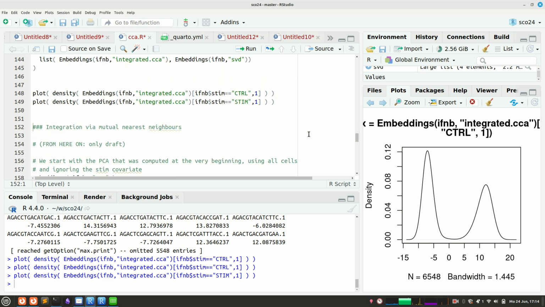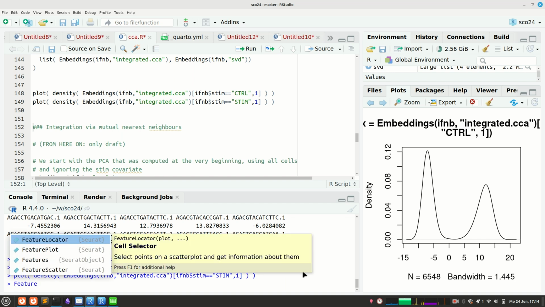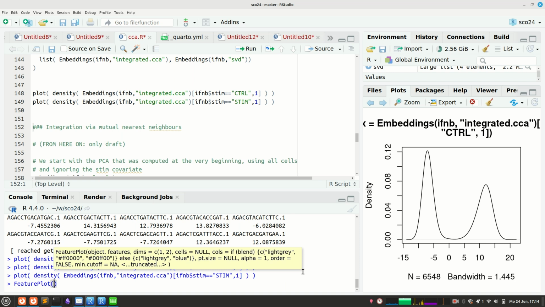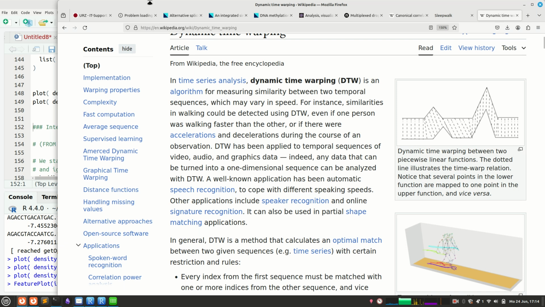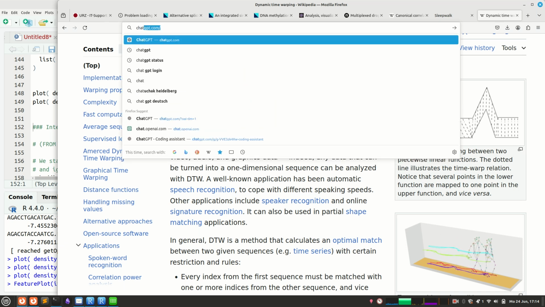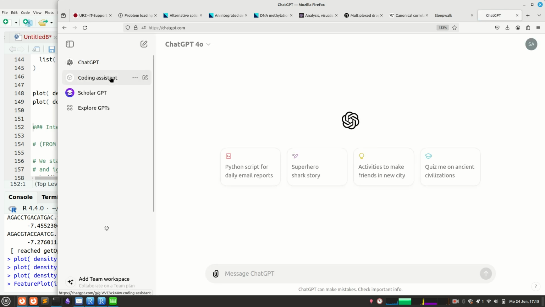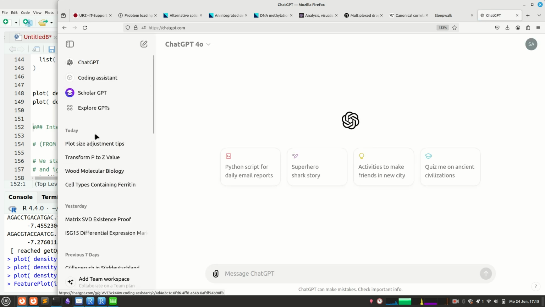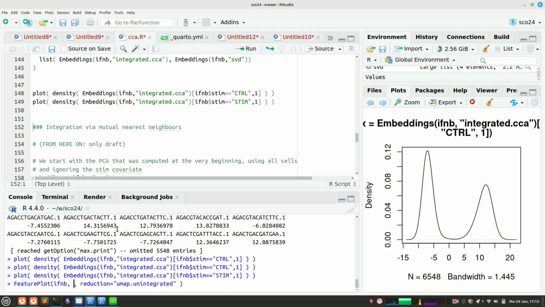So now, if we have this, let's look at a plot here. Let me see. The reduction is UMAP unintegrated, and my feature is ISG15.